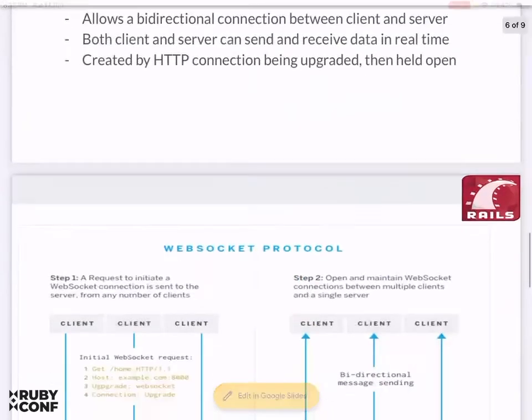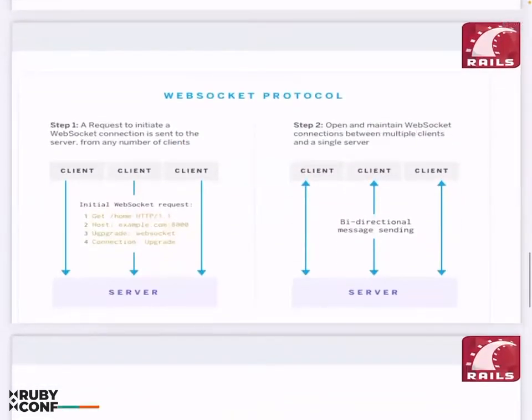Okay, so here's a picture to explain the WebSocket protocol. Here we can clearly see on the left-hand side that a client sends an initial WebSocket request to the server, which is an HTTP 1.1 request with an upgrade message and a connection upgrade header.